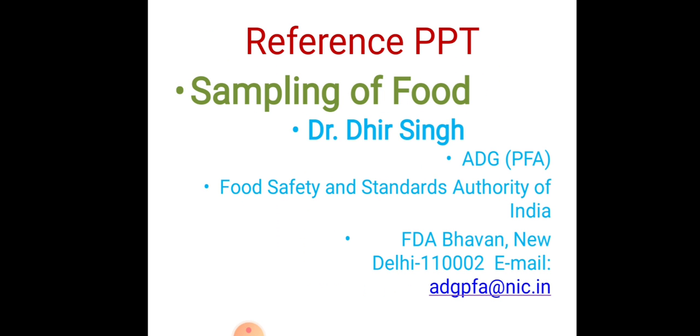Email adgpfa@nic.in. It is a very good PPT in which how the sampling takes place and what is the procedure, what is the amount of sample to be taken of different food samples, everything is explained very well.